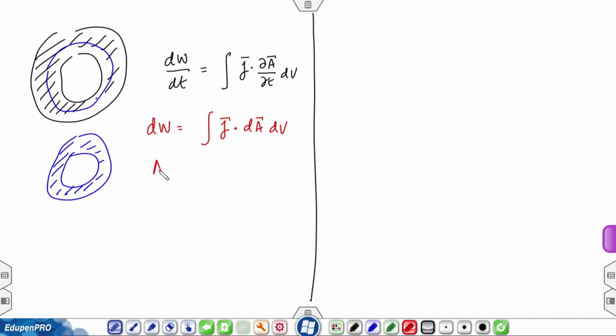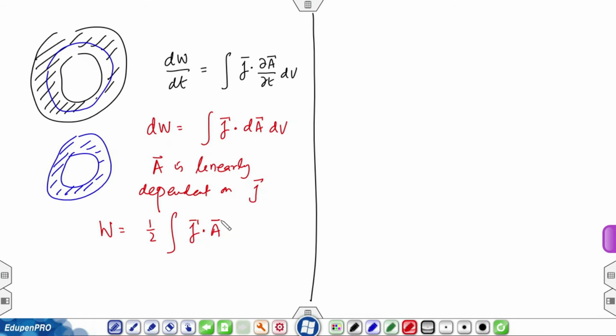Again, A is linearly dependent on J. So, I can write total energy as 1/2 integral J dot A dV. This is the third expression. So, we obtained three expressions for the energy in the magnetic field.